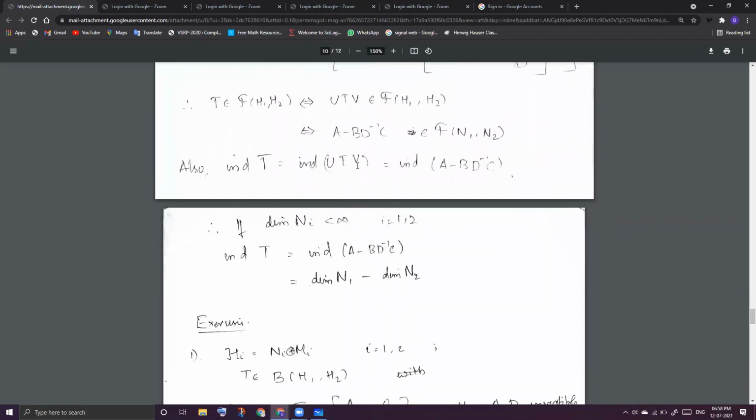And index of UTV is equal to index of A minus BD inverse C. This one we have proved before. So if the dimension of Ni is finite, this index will be dimension of N1 minus dimension of N2.